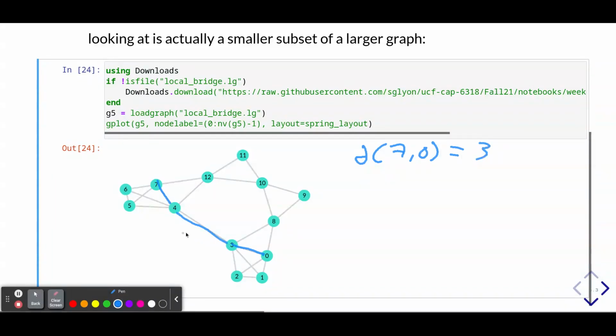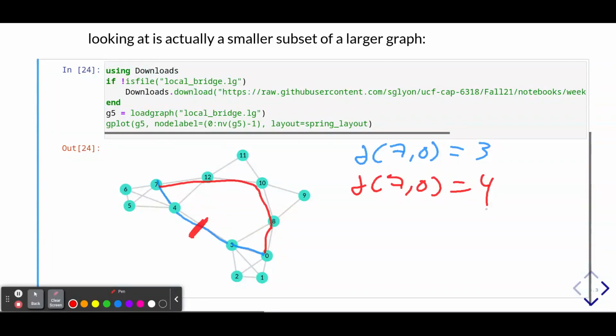But if we delete this edge and don't allow for that path, we've got to go around. We have to go somewhere like this. And now our distance has increased. The distance between 7 and 0 is 4.